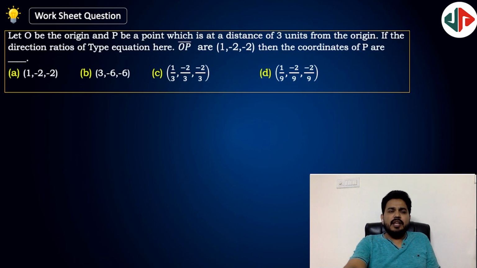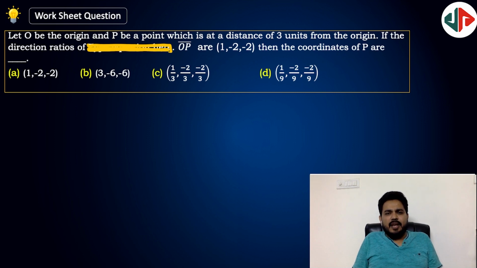The next question is, let O be the origin, P be the point which is at a distance of 3 units from the origin. So P is a point 3 units away from the origin. If the direction ratios of... okay, something is missing here. Some equation is missing.